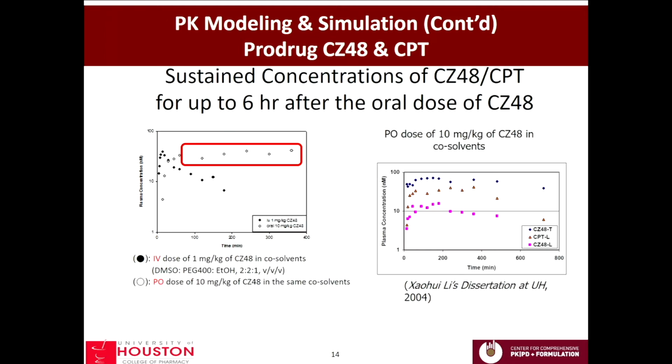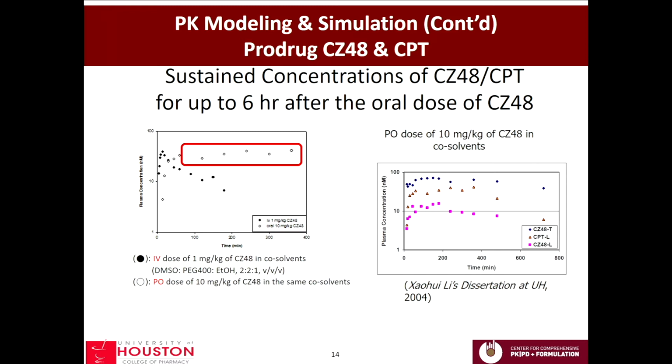In the early 2000s, one of my students graduated with CD48 given by IV and oral, and showed that the IV declined very rapidly, with reasonable degradation. However, the oral route had a very sustained level.